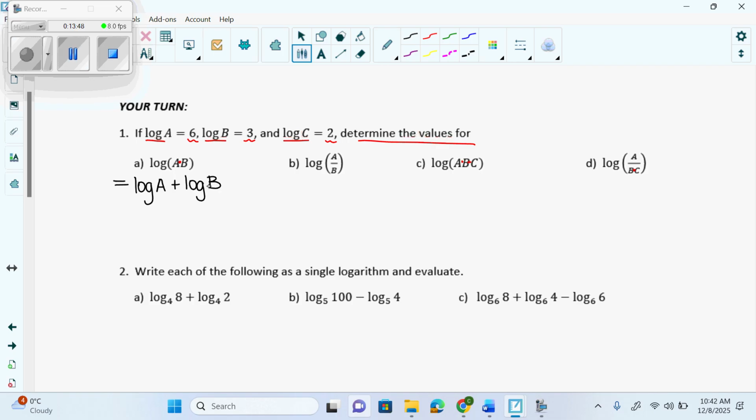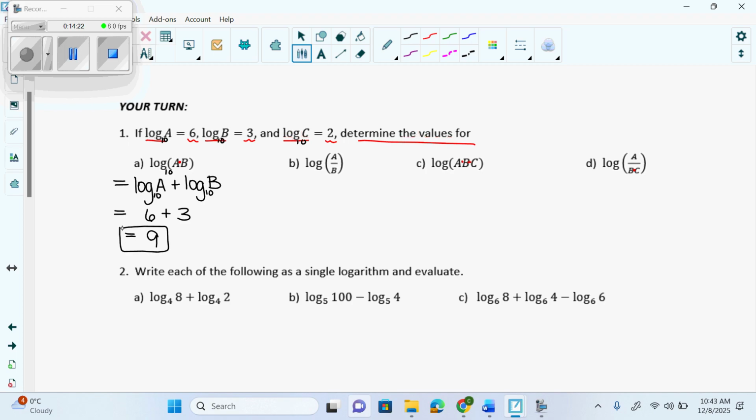They're base 10. Could I put a base 10 here and a base 10 on all of these if that makes it easier for me? Yep. I could put base 10s on everything. Yeah? So now that I have them singly, what is the answer to log base 10 of A? 6. Plus, what is the answer to log base 10 of B? 3. So I get 6 plus 3, which is 9.